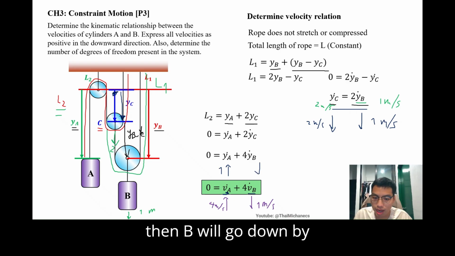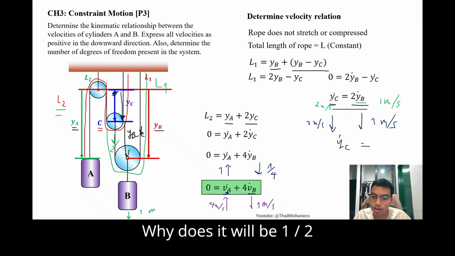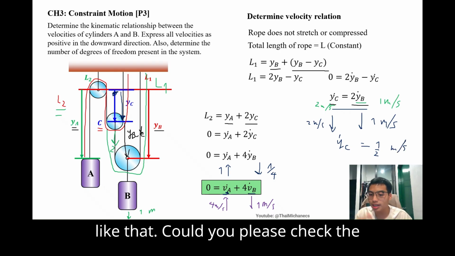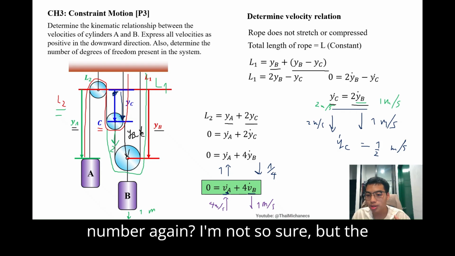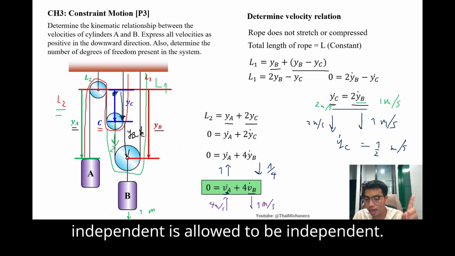Then B will go down by 1/4, right? Then if B goes down by 1/4, y dot C will be 1/2 in the same direction as B. Something like that. Please check the numbers again, I'm not so sure. But the point is the same: one movement is allowed to be independent.